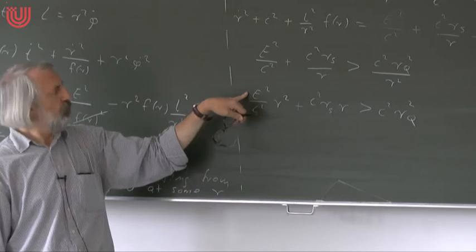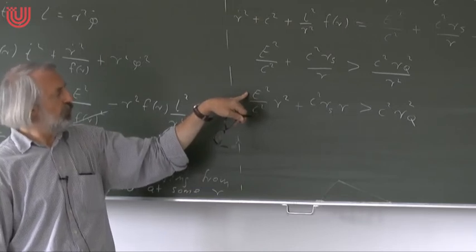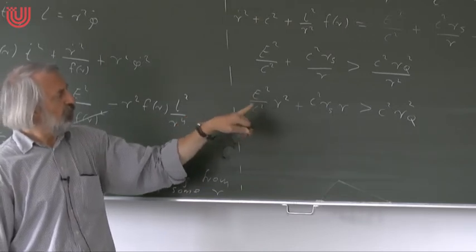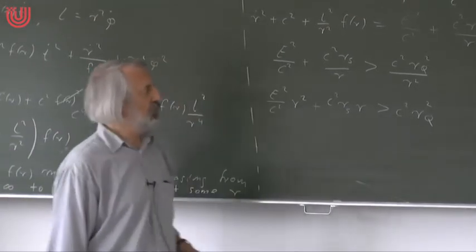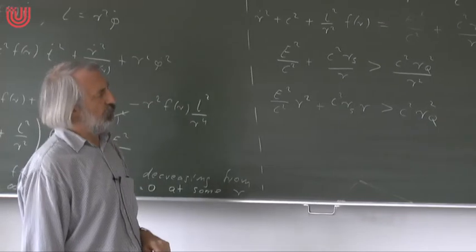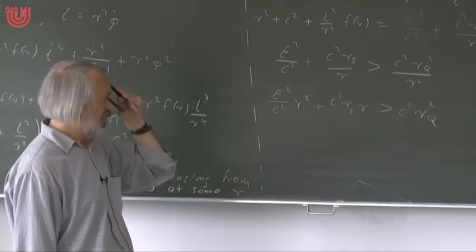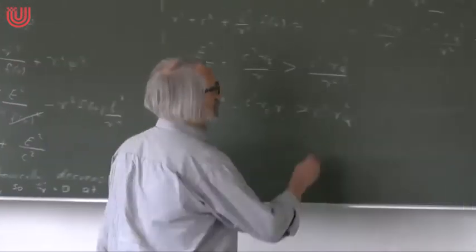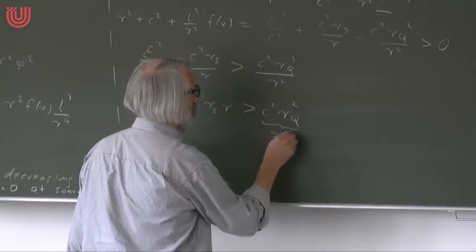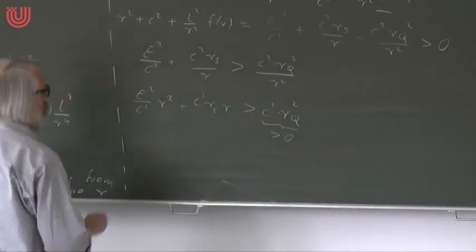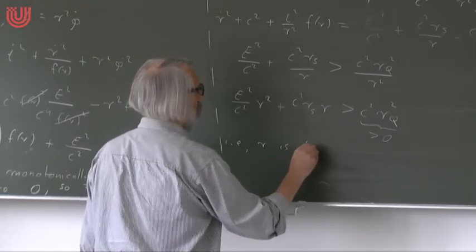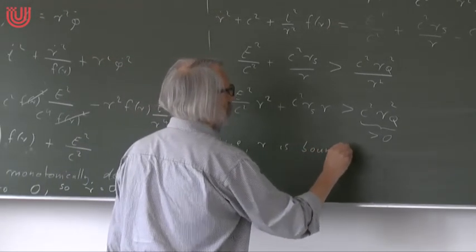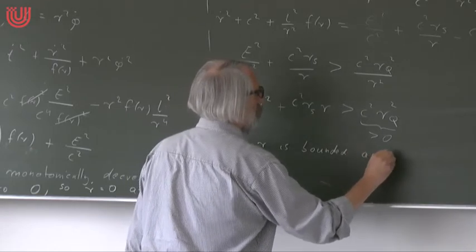For any time-like geodesic, I have a bound. R is bounded away from R equals 0. And the bound scales with a charge, with the square of the charge. So this implies this here is strictly bigger than 0, and this means R is bounded away from 0.